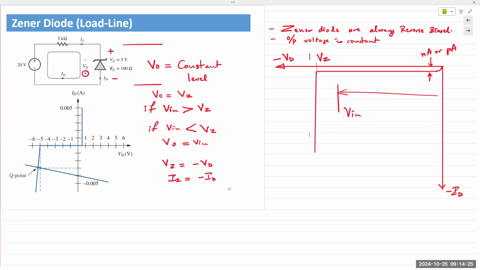The only current that flows through the diode is the reverse saturation current, so we'd say the diode is off. When we use Zener diodes for applications, typically the output load is connected in parallel to the Zener diode. First we will perform a Q point analysis using the load line method, then the piecewise linear model method, and then we'll apply it to the voltage regulator.